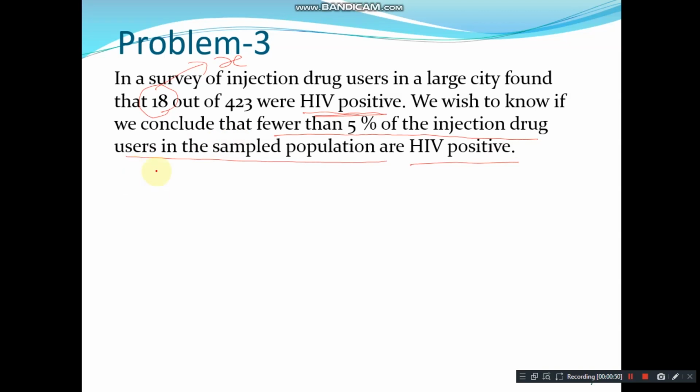So for this, what are H0 and H1? It is nothing but fewer than 5%. If you take less than for the null hypothesis, we have to take the equality also, but not in the given claiming statement. That's why for this case, H0 is P greater than or equal to P0 and H1 is P less than P0.